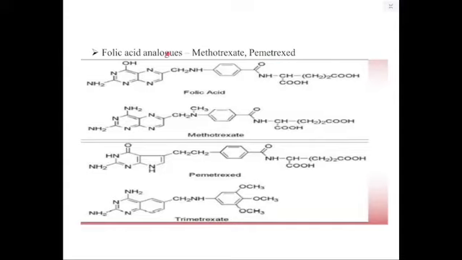Again, folic acid analogs are not very new to us, because of when we discussed the sulfonamides and the sulfones. Sulfonamides, we said, block the operation of para-aminobenzoic acid. They block the dihydrofolate synthesis enzyme, and we consider them to be antimetabolites. So this is not the first time we are encountering the folic acid analogs.